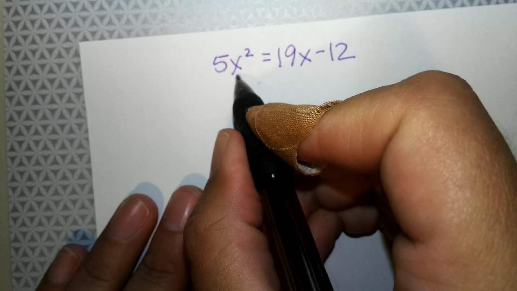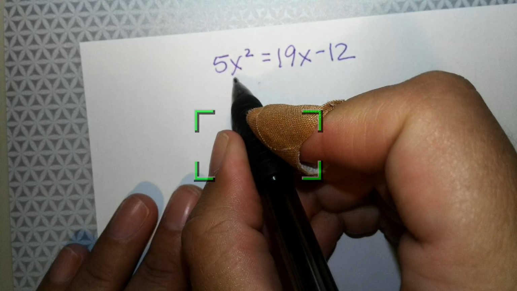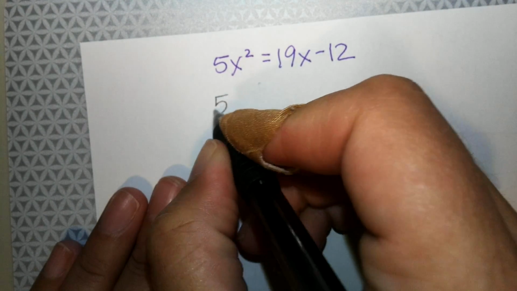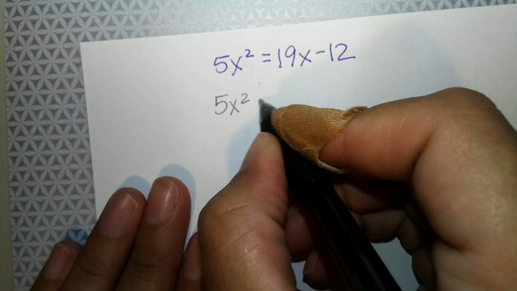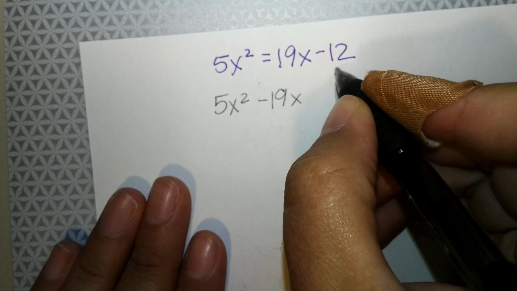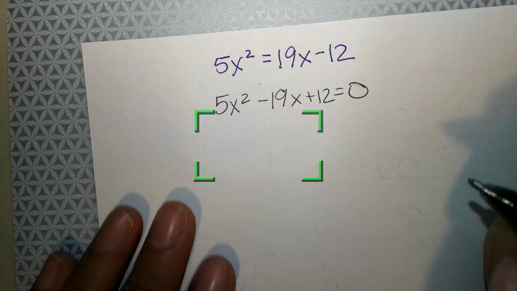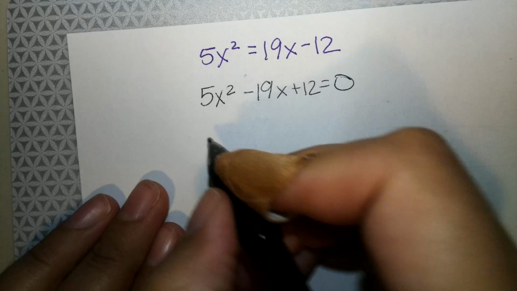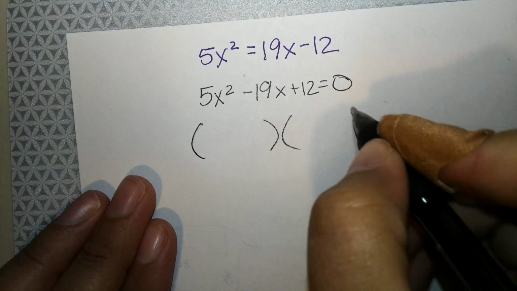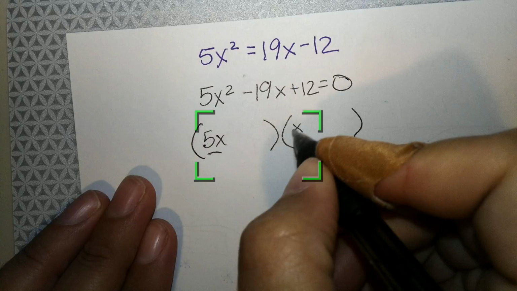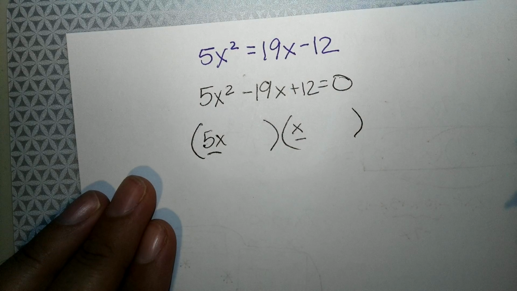So if I want to start with a positive x squared, I need to leave that 5 over here, and I need to move the 19 over and the 12 over. So I have 5x squared, I'm subtracting 19x, and I'm adding 12. I only have one option for this first term, 5x and x, because 5 is prime.